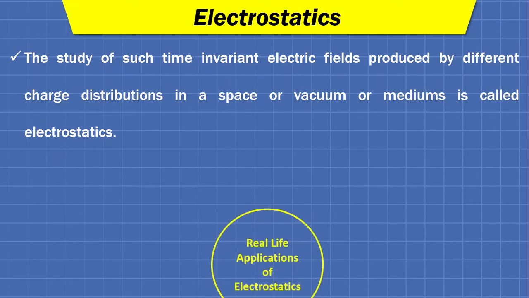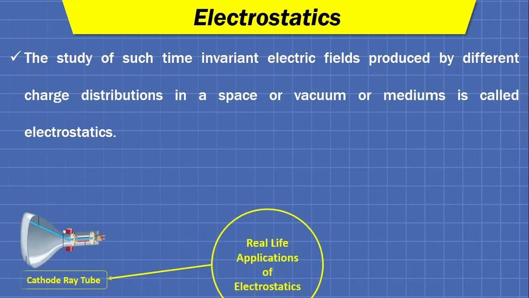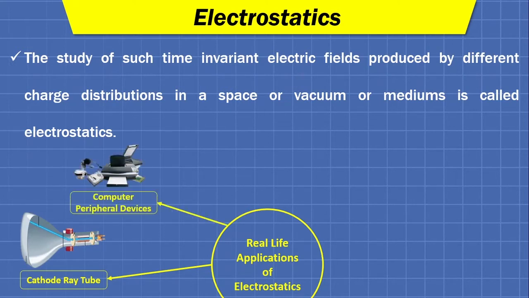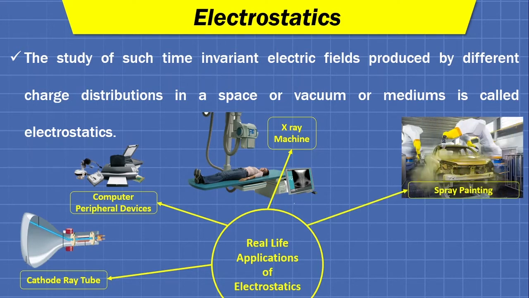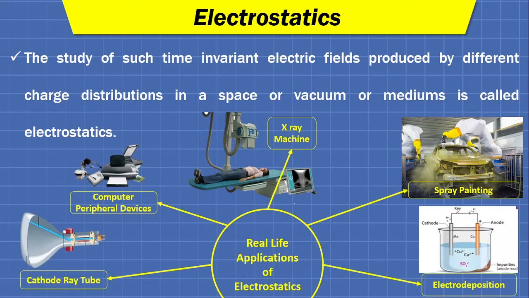The real life applications of electrostatics are the cathode ray tube, computer peripheral devices such as a printer, X-ray machines in biotech engineering, spray painting in the manufacturing industry, or electrodeposition. There are many more applications such as electrostatic precipitators, and you will find them in any power plant. So there are huge applications of electrostatics in real life.